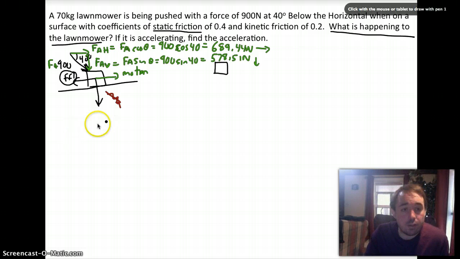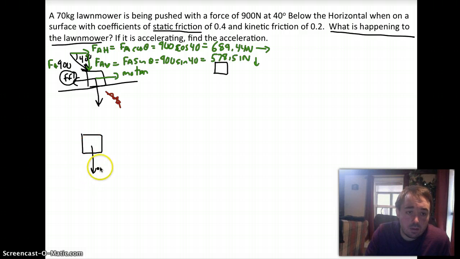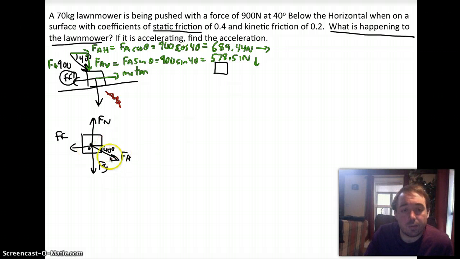So, original free body diagram, I would have had FG, then I would have had FN, I would have had FF, and I would have had my FA, where the FA is 40 degrees. But that's not a good free body diagram because we don't like the arrow with the angle. So I'm going to use my broken down pieces to redraw my free body diagram to simplify it like we had been doing.